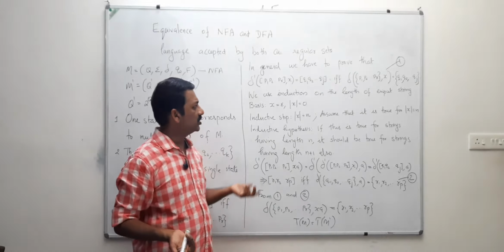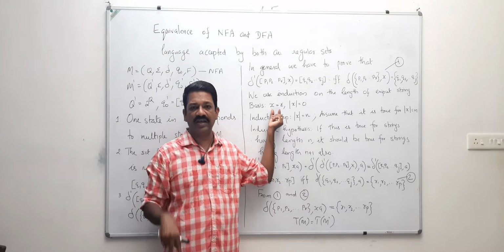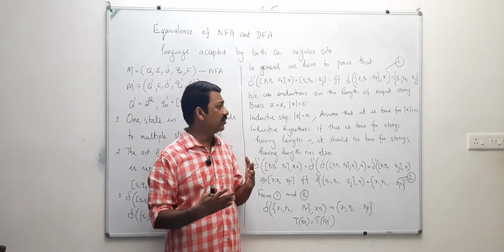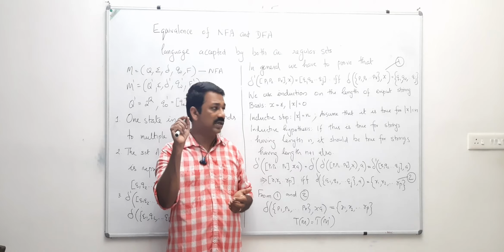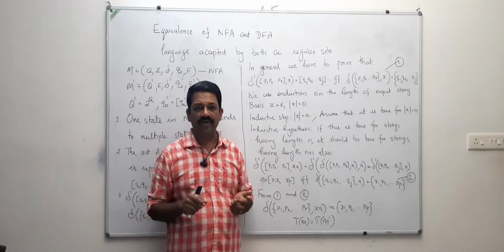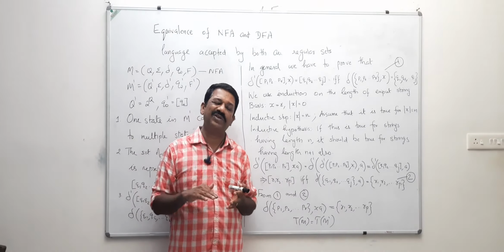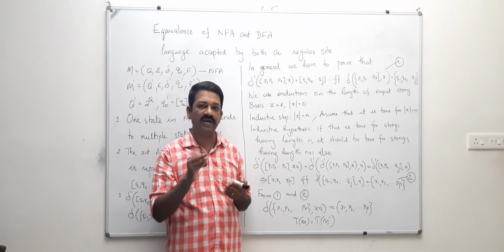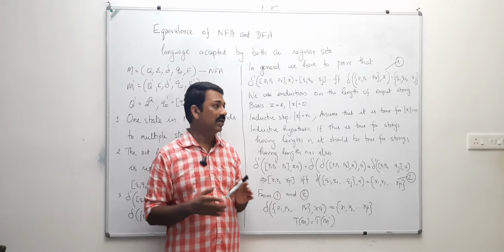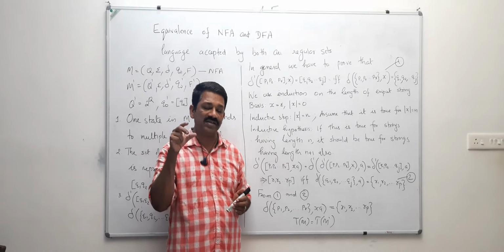So for the basis, x is equal to epsilon, that means the length of the input string is null, without accepting anything. If your finite control is in start state q0, what will happen? X is equal to epsilon means it is not accepting anything. The input symbol is nothing, null. Then q0 remains in the state q0 itself.